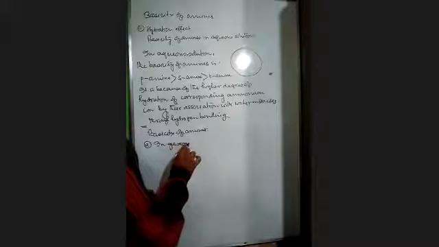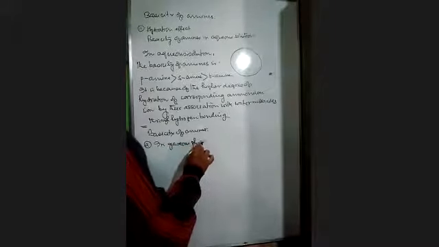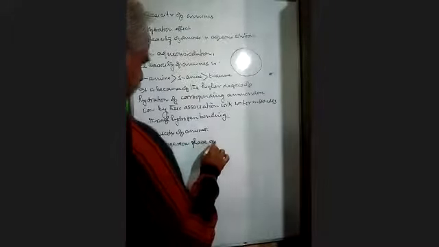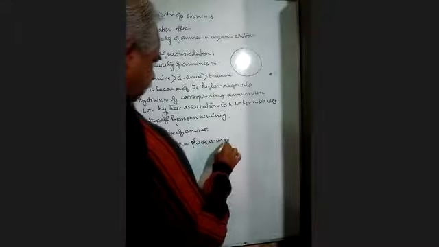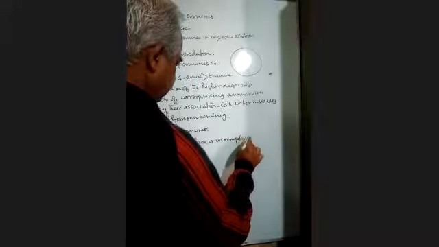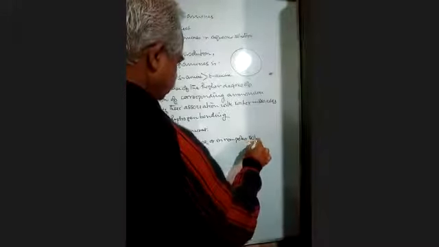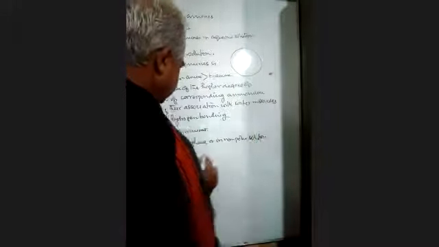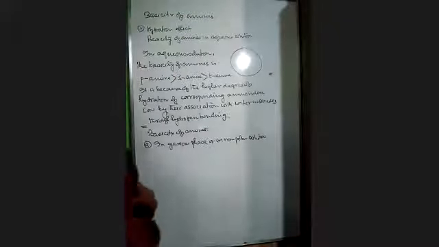In gaseous phase or in non-polar solution. Non-polar solution means it may be in benzene or ether or something like that, where hydrogen bonding is not possible. In that case, what do you find?